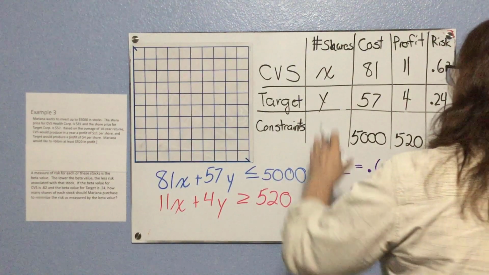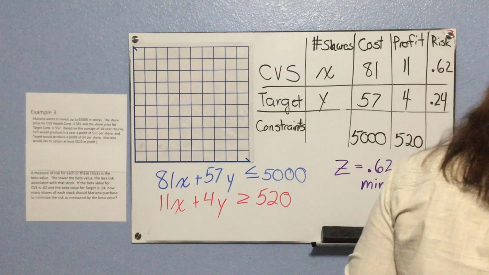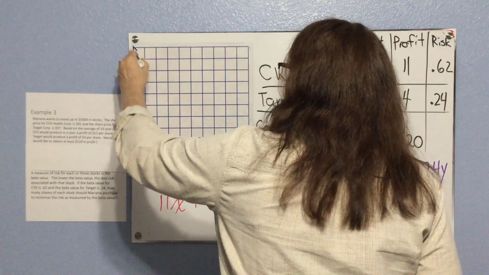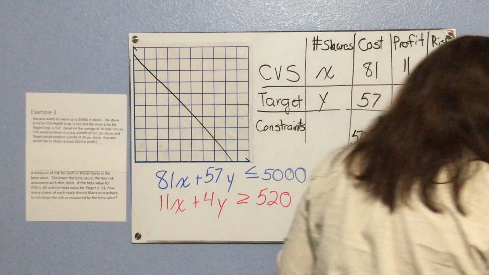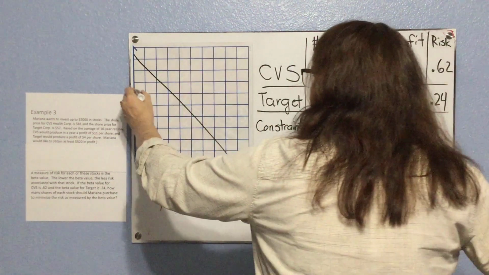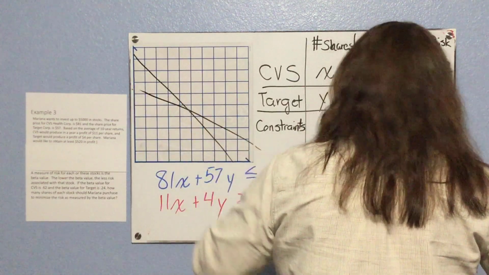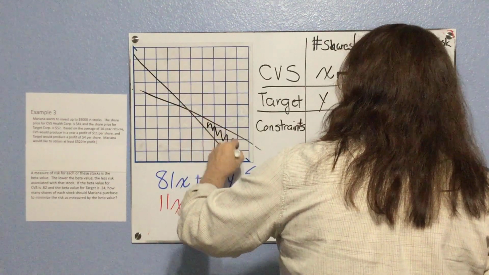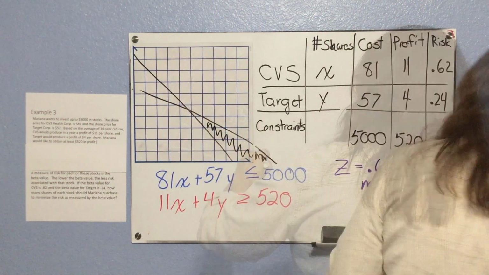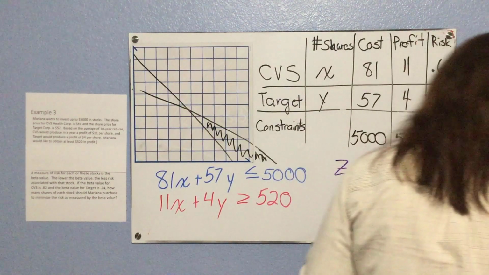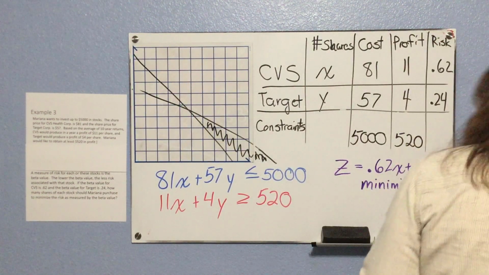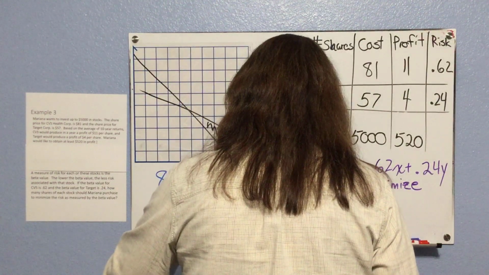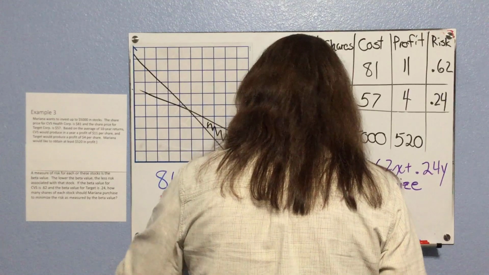Okay, without going through all the specifics, I'm going to show you two lines because these are really off the scale. But my two lines will look something like that. And this is my feasible region. And the corner points involve a lot of calculation here. That they are 47.3 and 0.